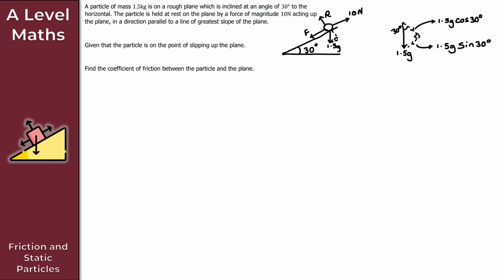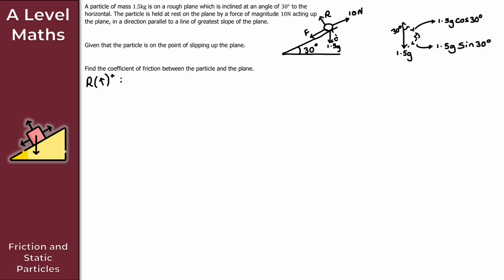So we now have everything that we need to find the coefficient of friction between the particle and the plane here. To get us started, let's begin by resolving perpendicular to the plane, taking upwards as positive. So what do we get?